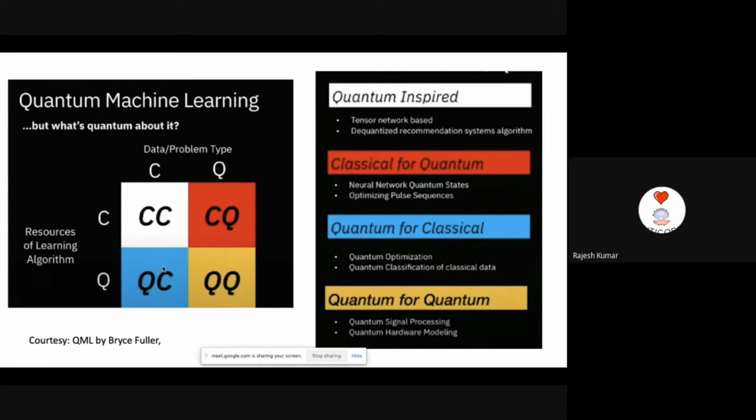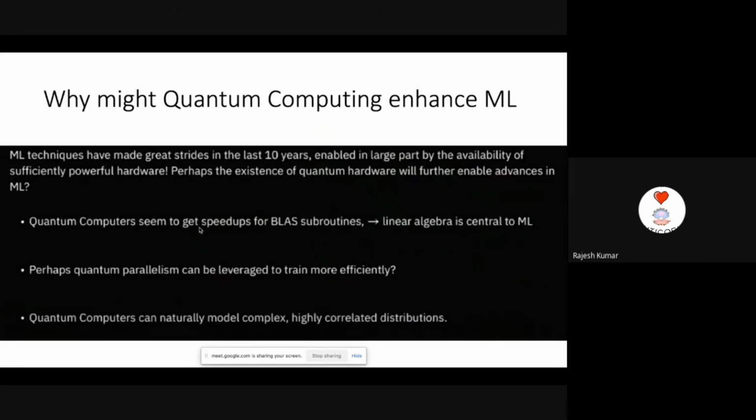When it comes to quantum machine learning, the focus is primarily around this red square: classical data, quantum problem. So why are we saying quantum? We have seen a couple of examples, the simple weight equals height equation, and then the SVM.